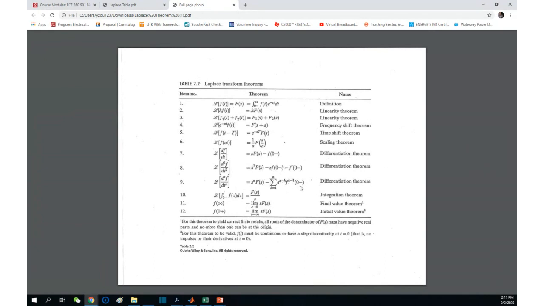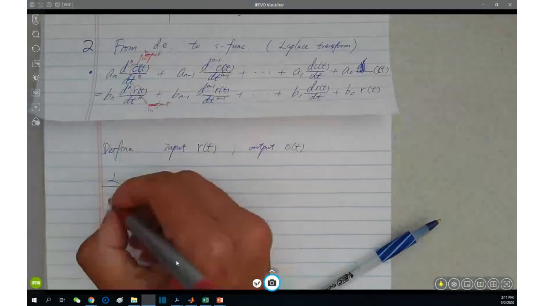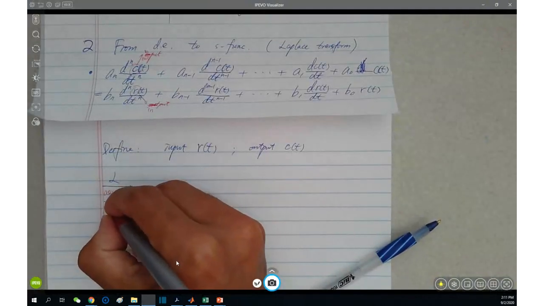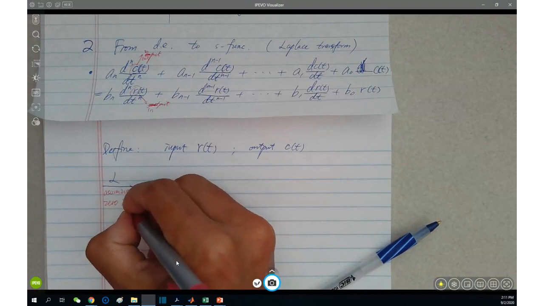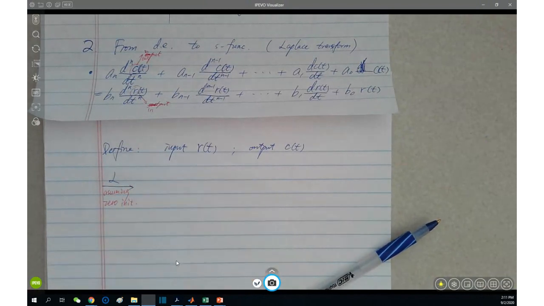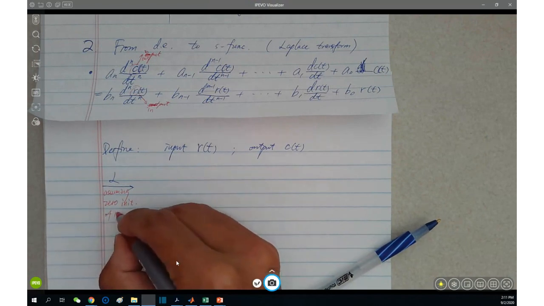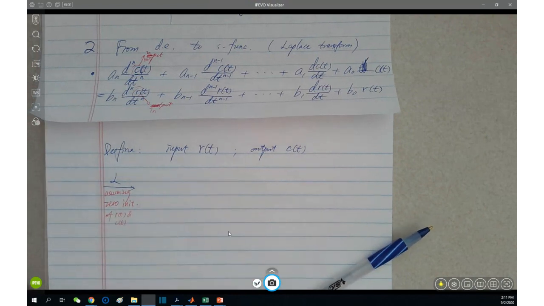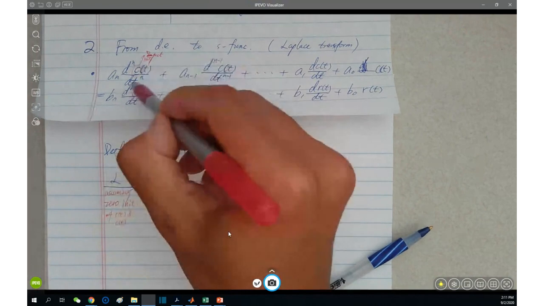It's nothing but the initial values. So according to this, and if we assume zero initial values of R of t and C of t, then what is the result of the Laplace transform of this term?